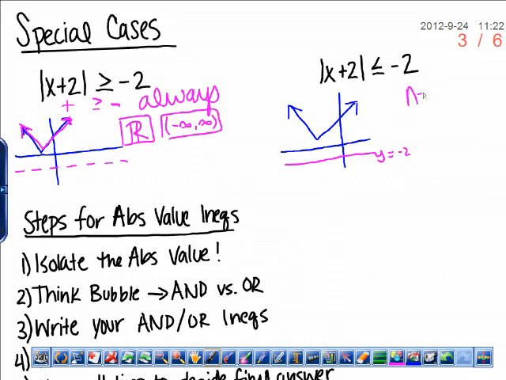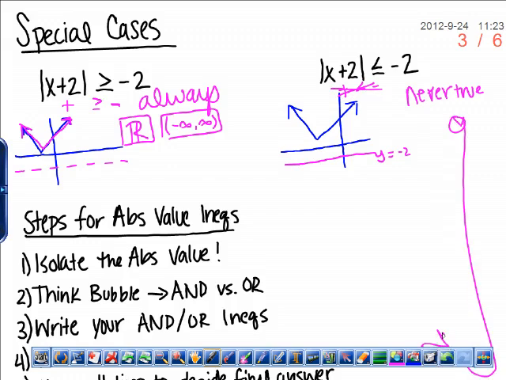No, so this is never true because a positive is never going to be less than a negative, right? Can't happen. So when it's never true, your answer is no solution.